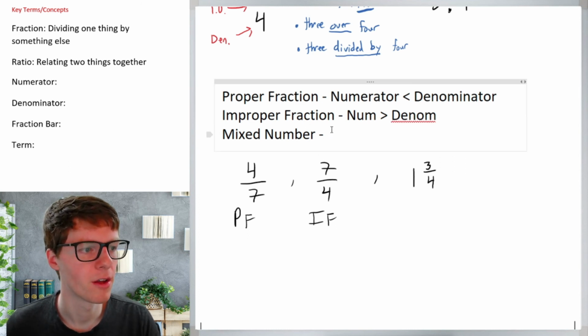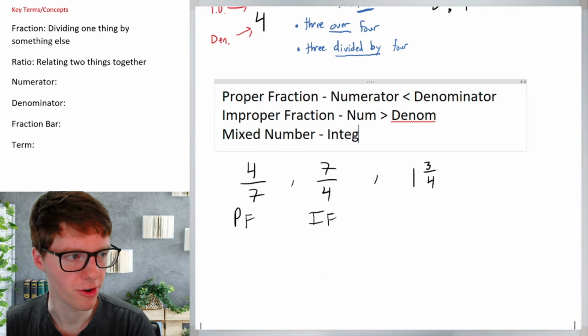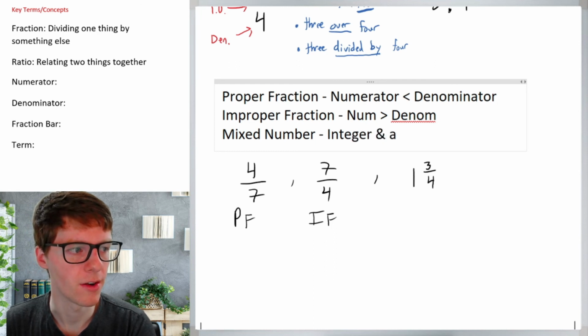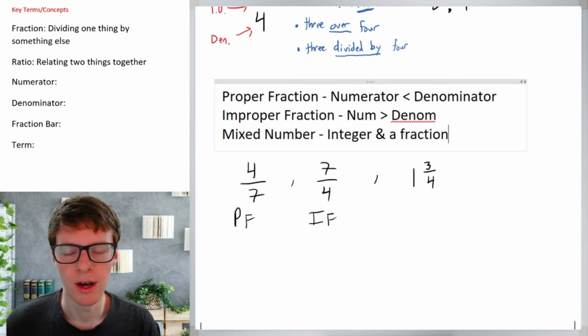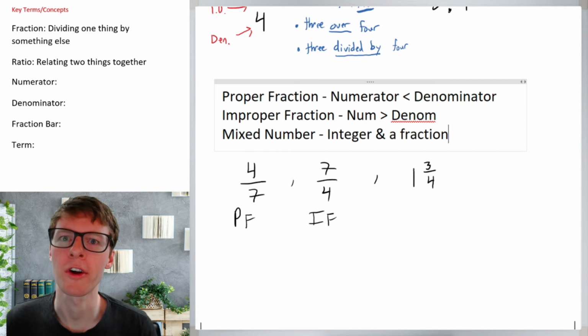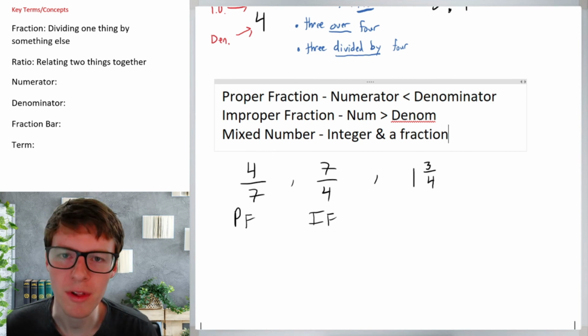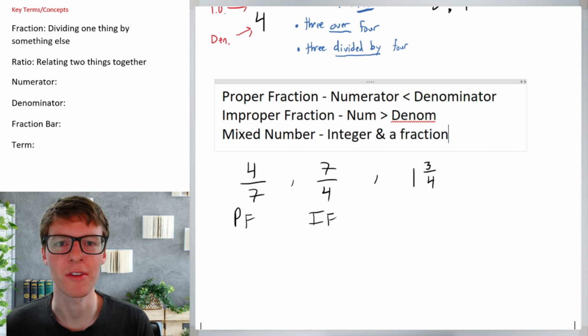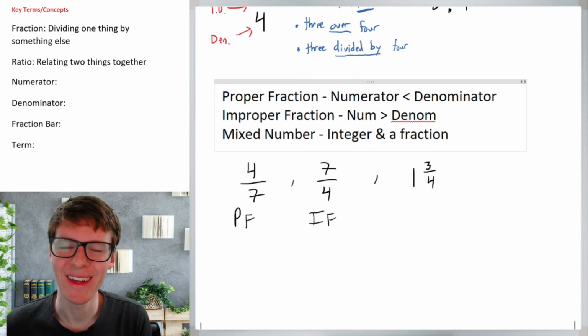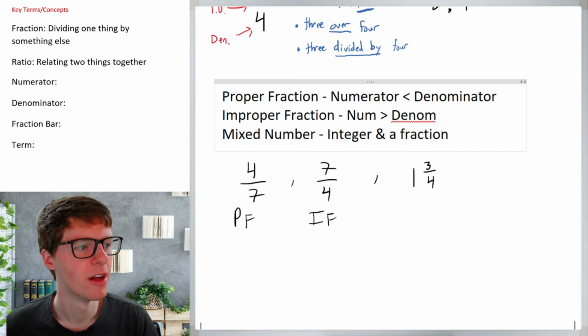So this is an integer and a fraction. These really aren't useful in math. Please don't move things into mixed numbers. It's not useful.